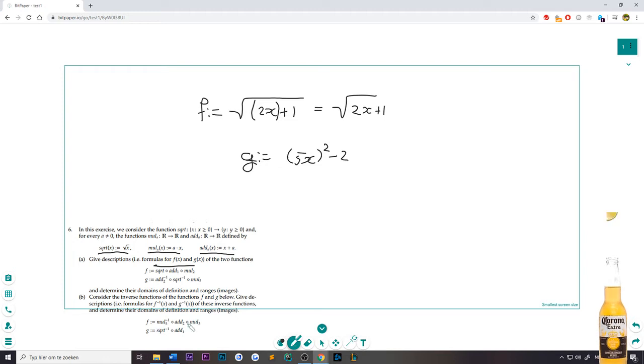Now in the second part, we want to consider the inverse functions of the functions f and g below, and give descriptions of the inverse functions. So we take this function, inverse it, and write down a description.